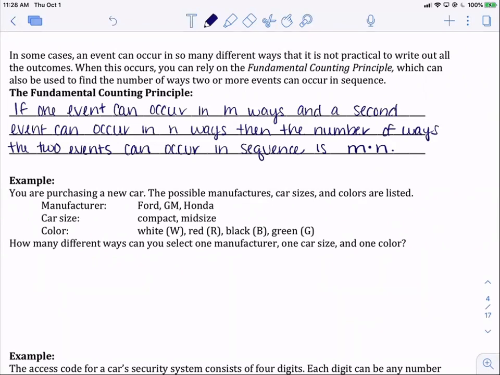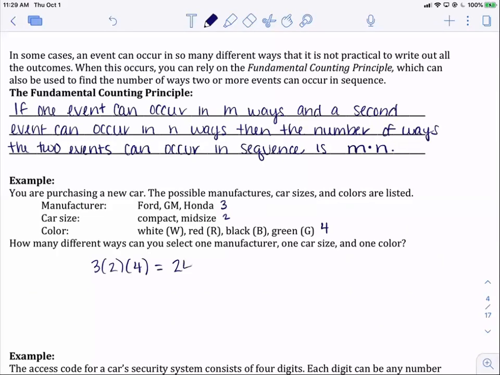So if you're purchasing a new car, you have 3 different manufacturers. You have 2 car sizes, and you have 4 colors. How many different ways can you select one manufacturer, 1 car size, and 1 color? You're just multiplying those all together. 3 times 2 times 4, which is what?